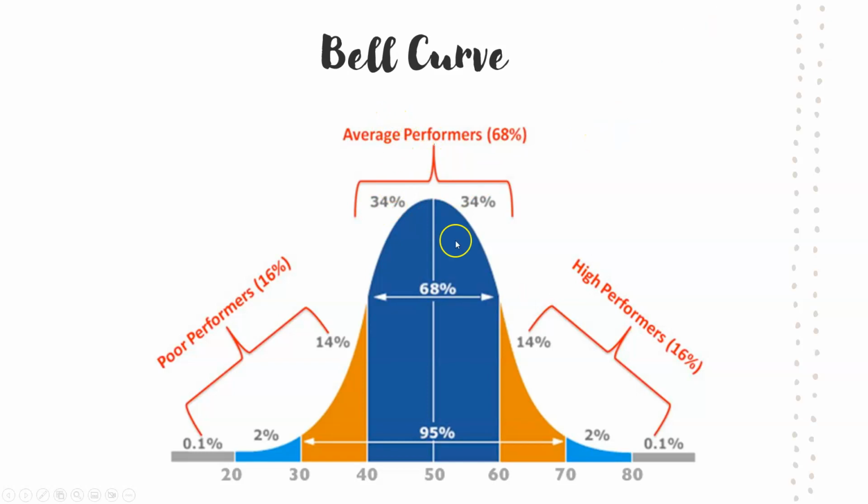So on IQ, 68% of us fall into the average performer range. Those of you in this graduate program, though, probably fall here in the high performer range, and those of you that are in Mensa fall more like here with your IQ.